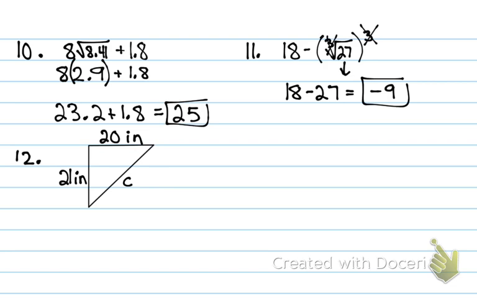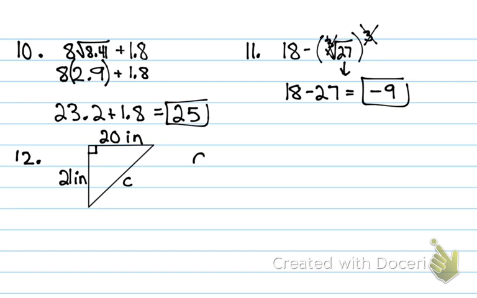We know we have to use a formula. What is that formula? A squared plus B squared equals C squared, because we see this right angle in the triangle. Go ahead and plug in the values into your formula and solve. Some of you look like you're already almost done.